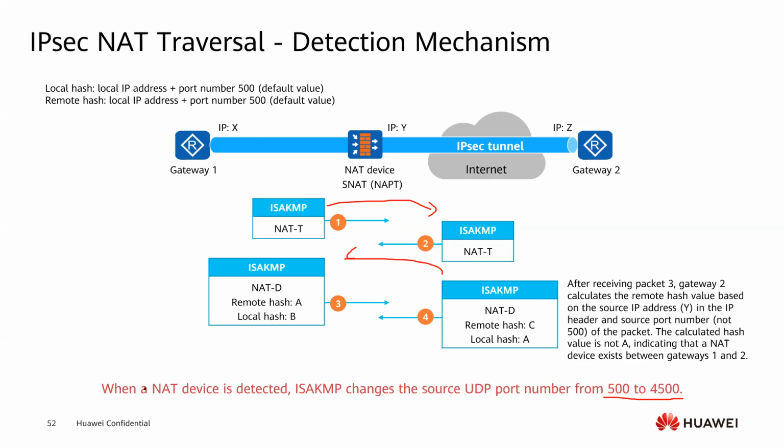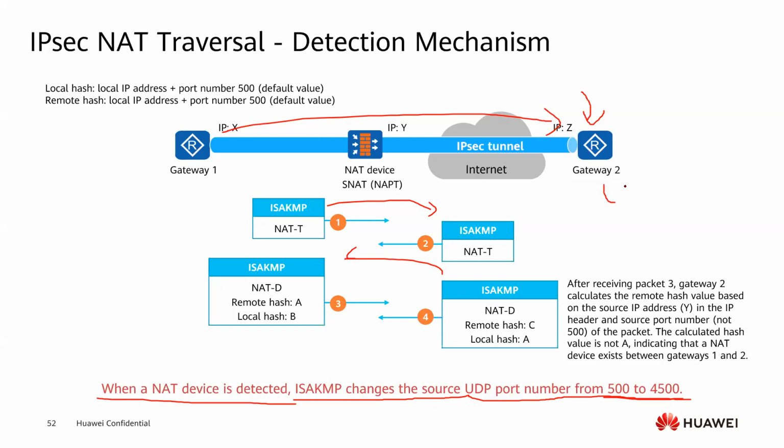Okay. So when the NAT device is detected, it will change the source UDP port number from 500 to 4500. So if I use this port sending to the other devices, the other side will use the username, deciding based on the name whether this gateway is allowed to send in the IPsec SA to me or not.